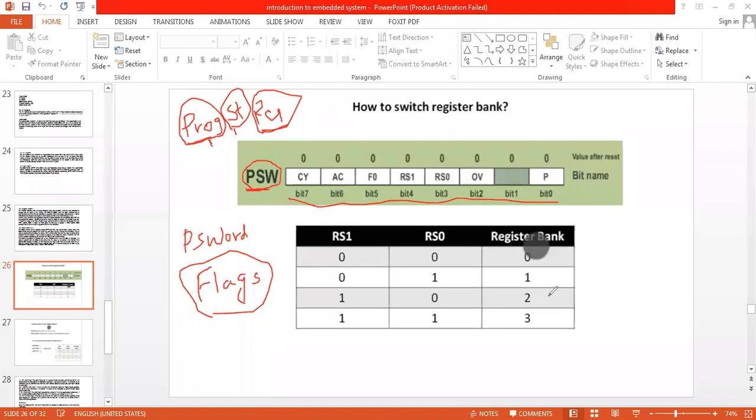You might have studied it as a status in and status out register, but here it is called PSW, Program Status Word. It has some flags, and these flags tell the status of an instruction. Whenever an arithmetic or logical instruction is executed, these flags are affected.